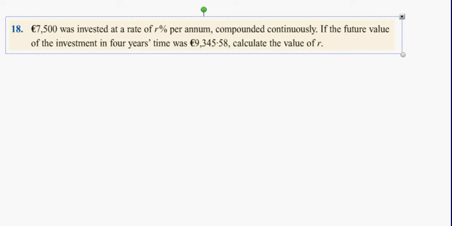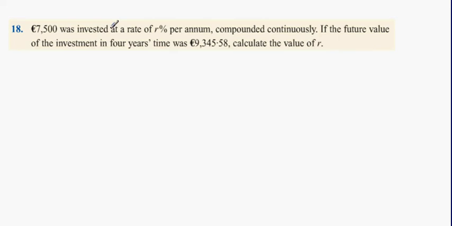Now we're on to number 18. 7,500 was invested at a rate of R% per annum, compounded continuously. So remember, the compounded continuously formula is F equals P e to the RT.